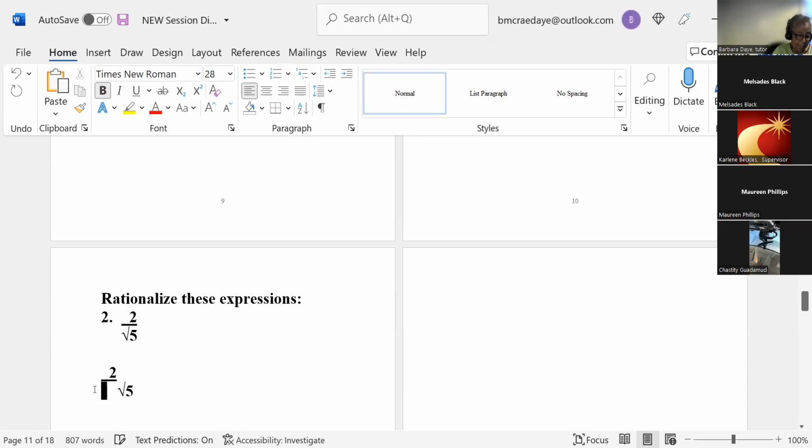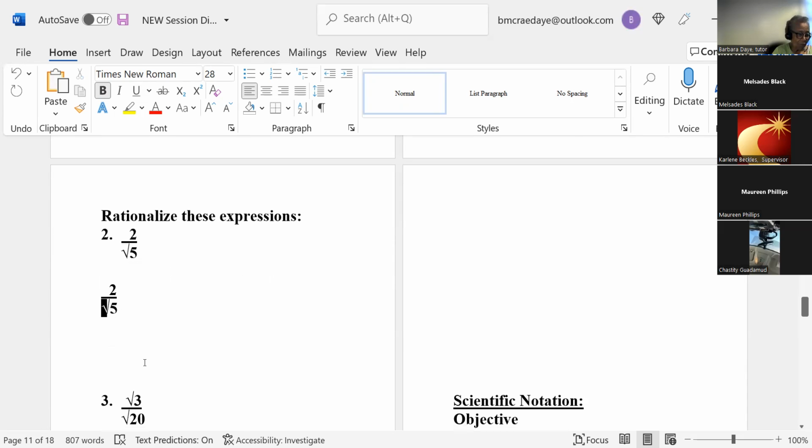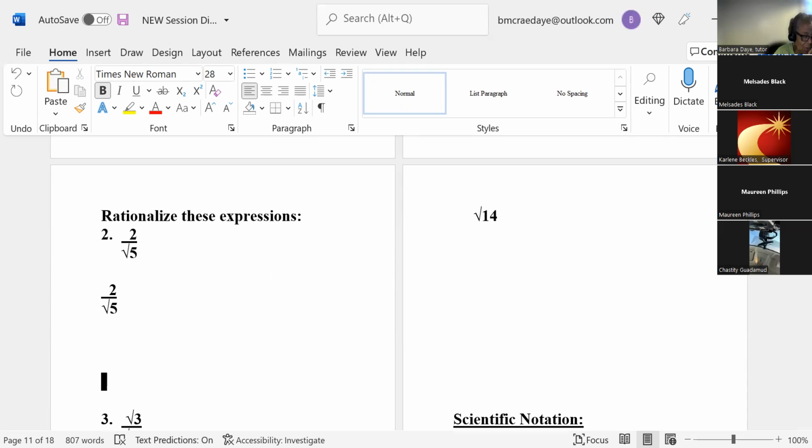We want to make that square root of 5 a number. That's what we mean by rationalize. Change that square root of 5 to a rational number. So what do we do, Maureen? What's the first step?